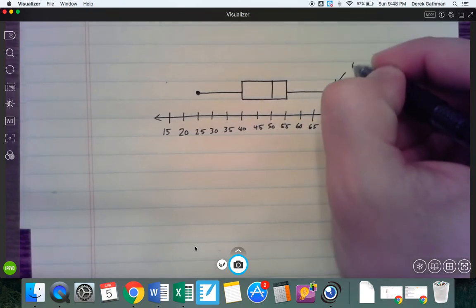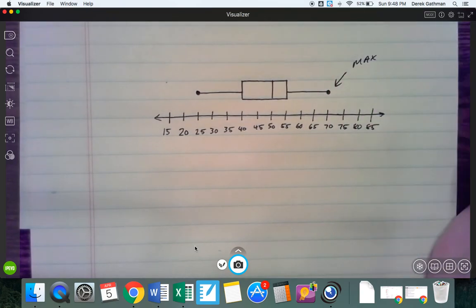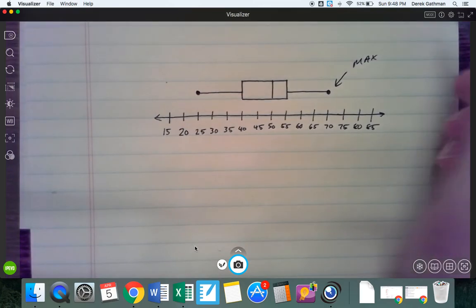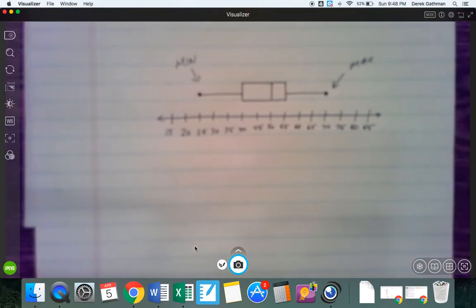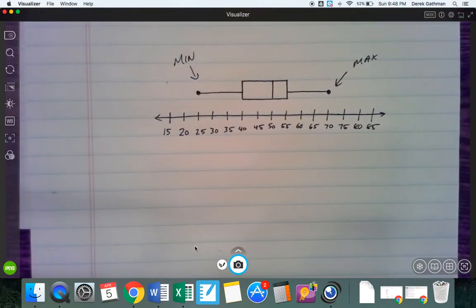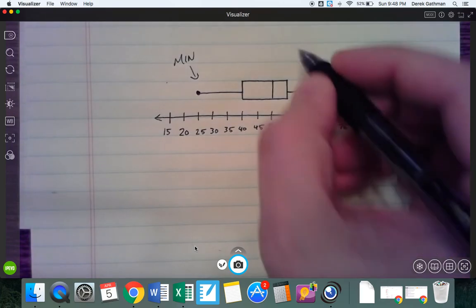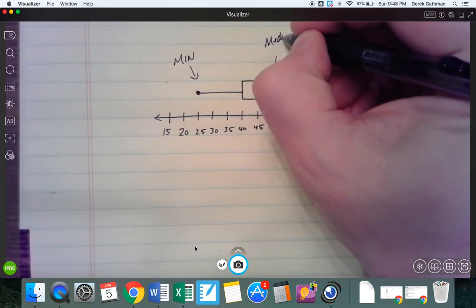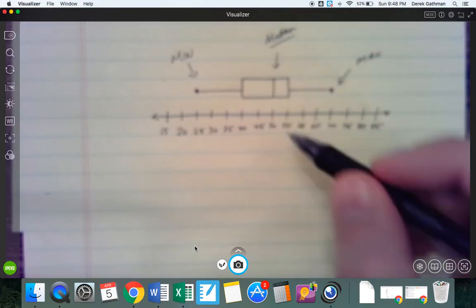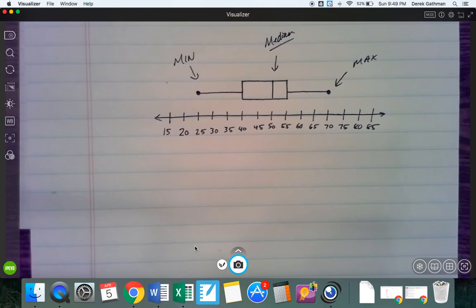This value is our max value, our largest value, so we know our largest value is probably about 70. This is our min, which means our smallest value is probably about 25. Inside the box, the center line is our median, so we know our middle number is approximately 50.